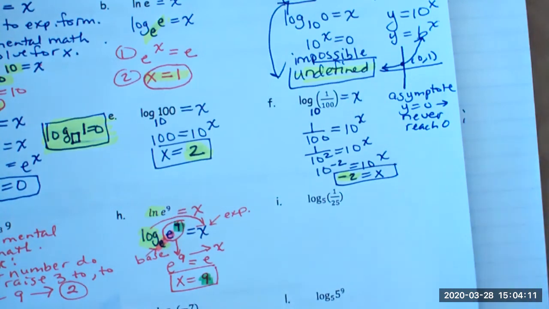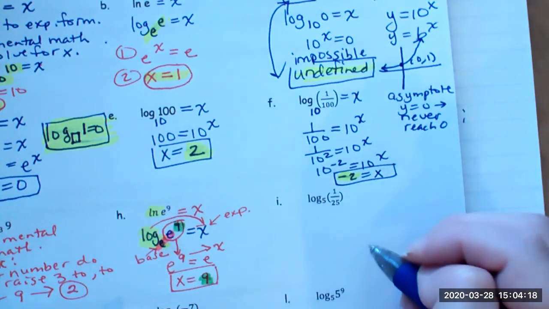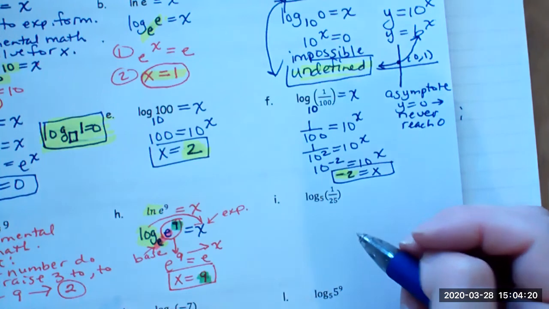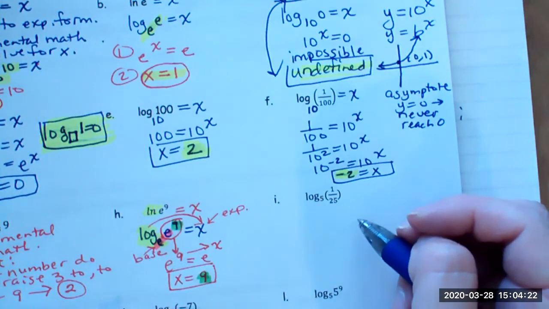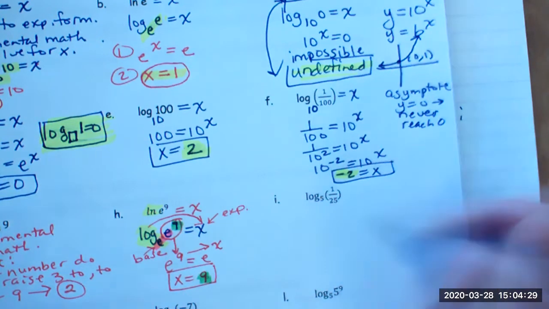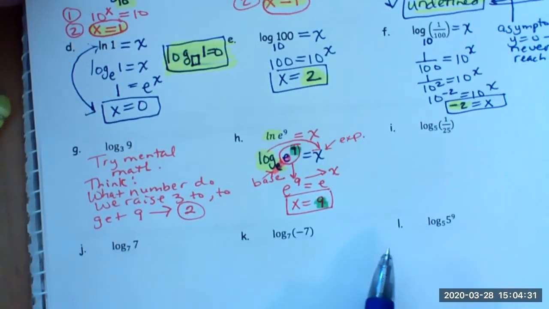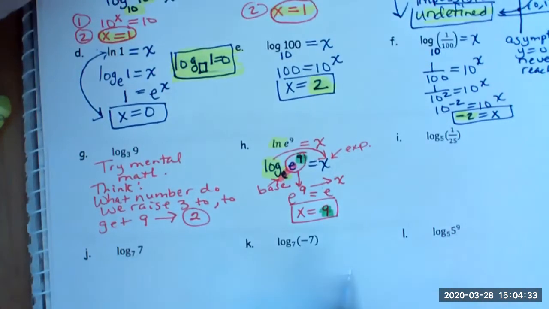Log base 5 of 1/25. Again, at this point, many of you can do this on your own, so try it. I'm doing a lot of examples here, especially since we're not in school. That way you have lots of examples to check, so you can always pause. But I definitely would make sure that you stay tuned for J, K, and L, because those are special situations that you want to make sure that you're familiar with.